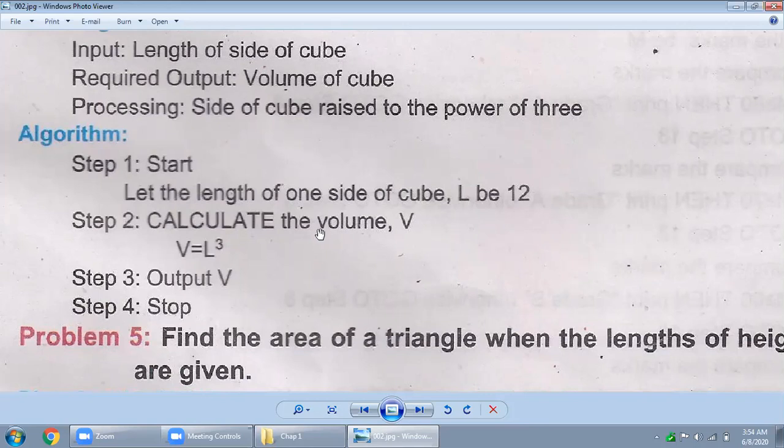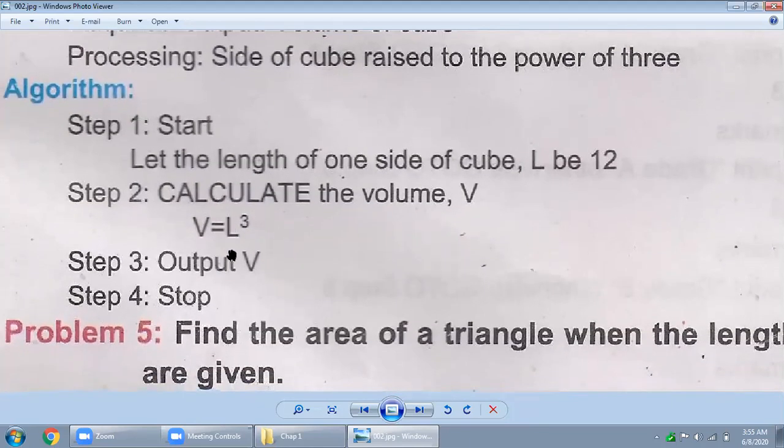In the second step, calculate the volume, which is V. So V is equal to L cube. L is 12, so 12 multiplied by 12 multiplied by 12, and when they are multiplied with each other, obviously we can find the volume.